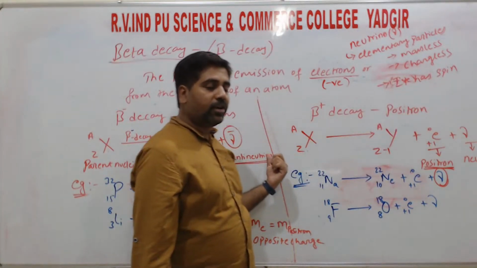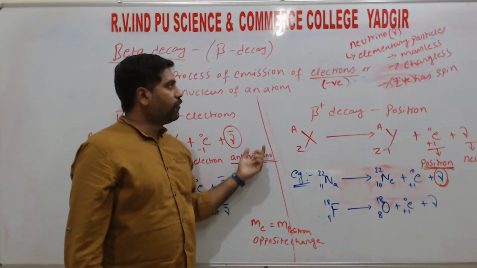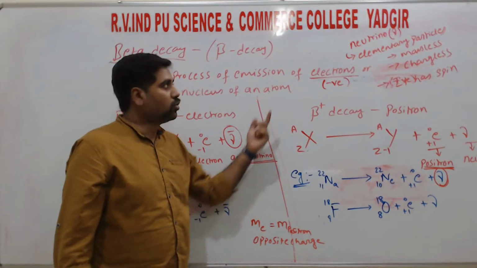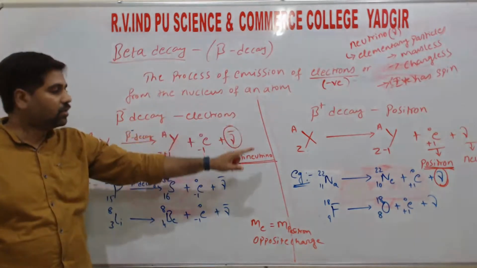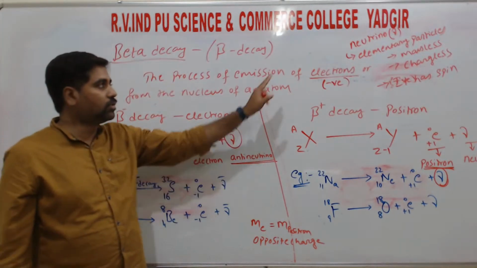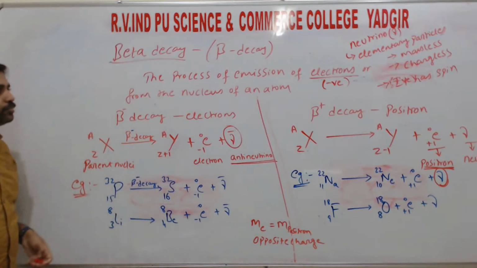So that is the difference between neutrino and anti-neutrino. The main difference is the spin. If the neutrino has spin in one direction, then the anti-neutrino is opposite to that of the neutrino.